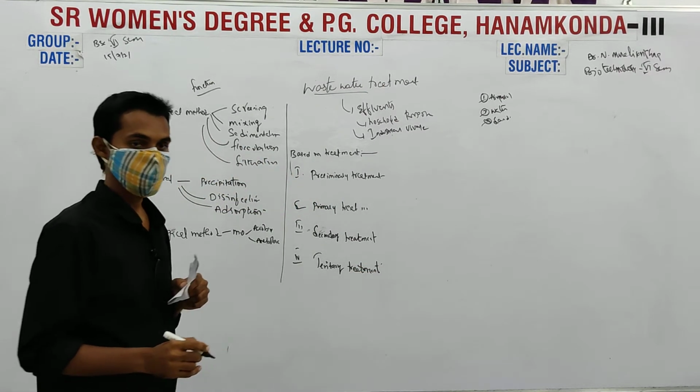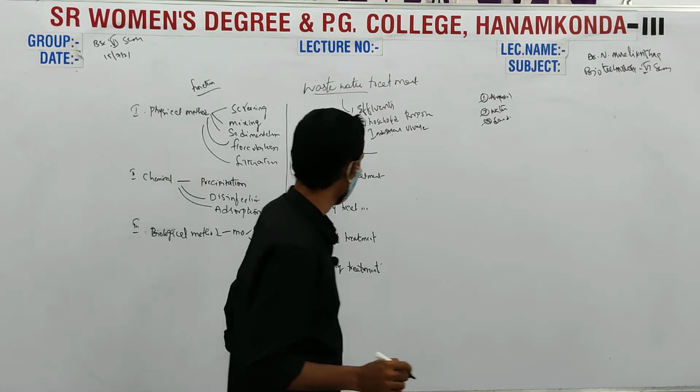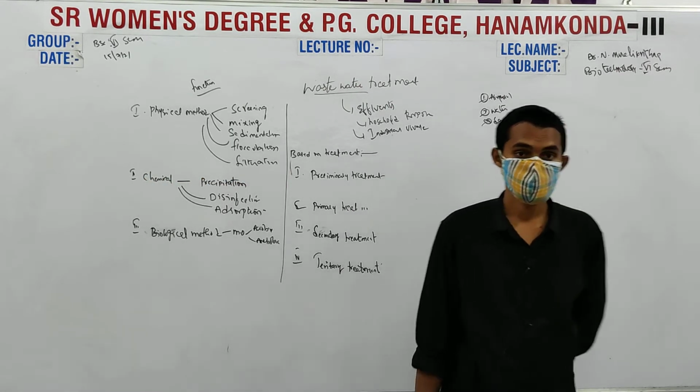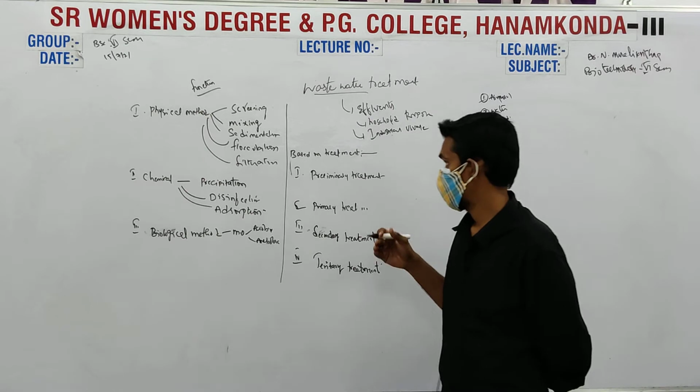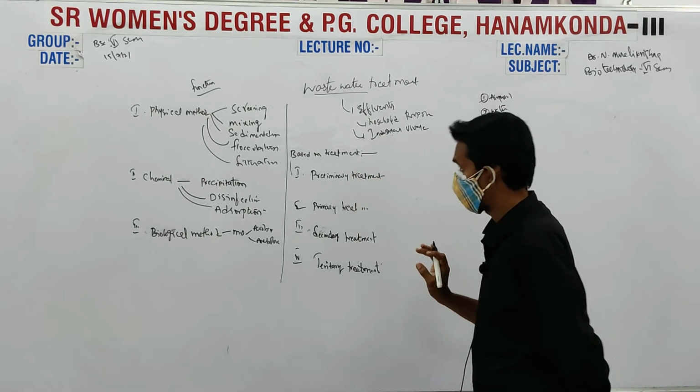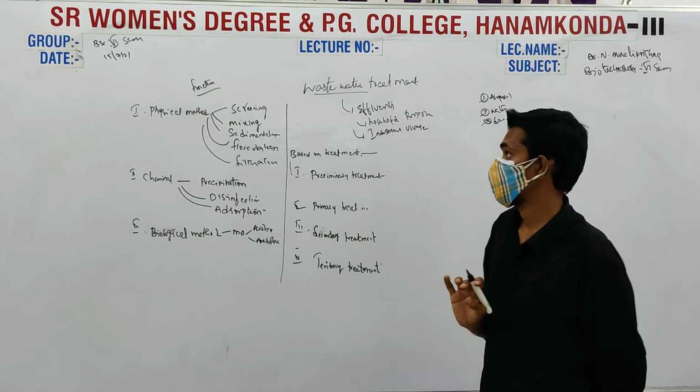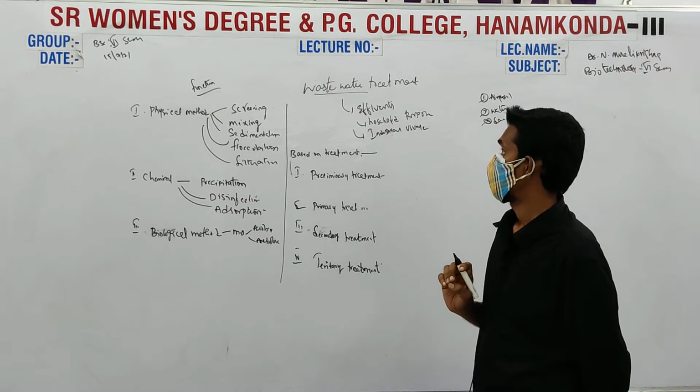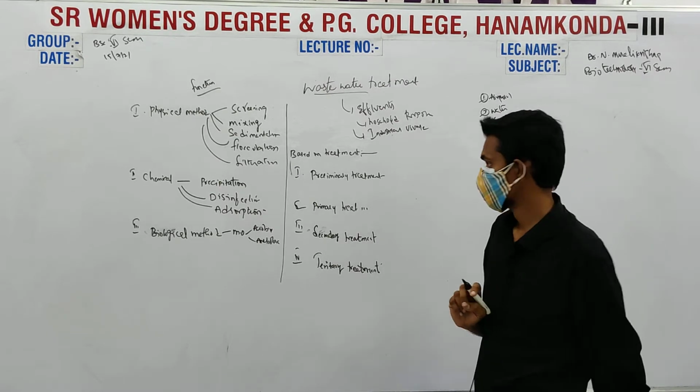So these are the four different types of treatments, the four different types of methods which are used to treat the wastewater.